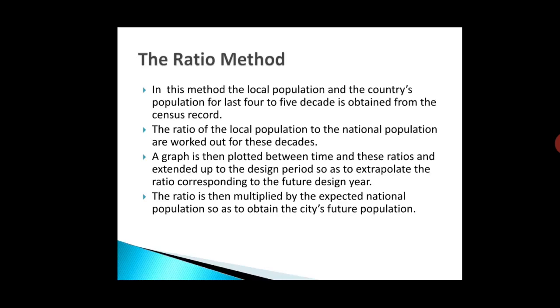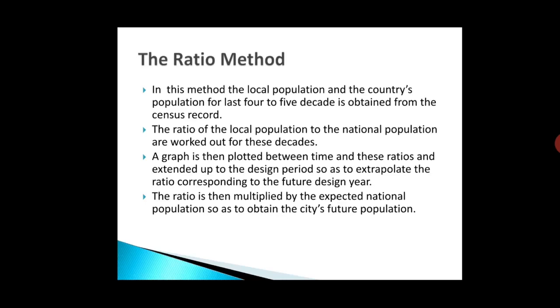Then a graph will be plotted between year and these ratios and will be extended up to the design period so as to get the ratio corresponding to the future design year, or you may find out the average of the ratios that we have calculated for the several past decades.